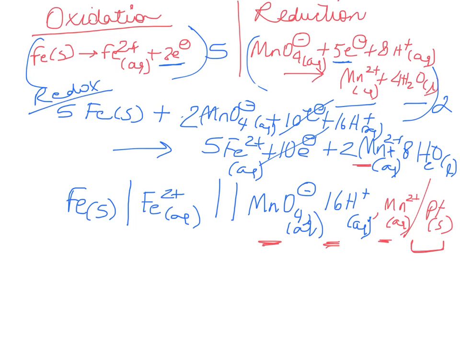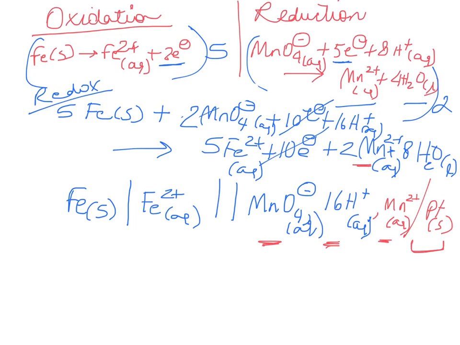The steps are: when you know the two half reactions, verify that it is balanced. You must start with a balanced redox reaction to get an idea of the number of moles of each species. Then put your anode on the left-hand side and your cathode on the right-hand side, the side that contains all the reactants as well as the product, and in this case that happened to be the cathode reaction.